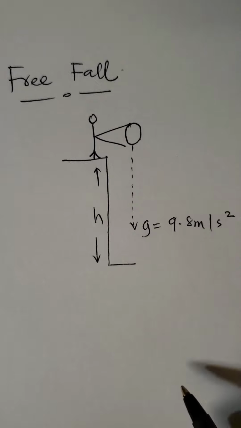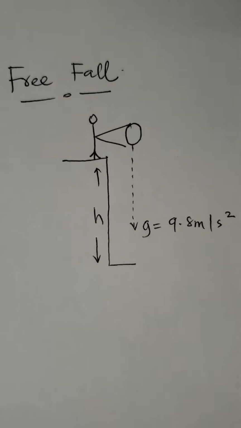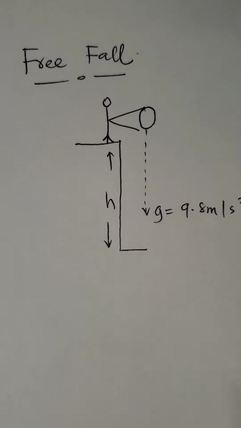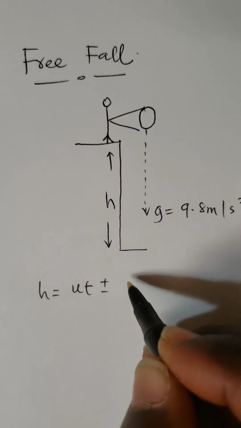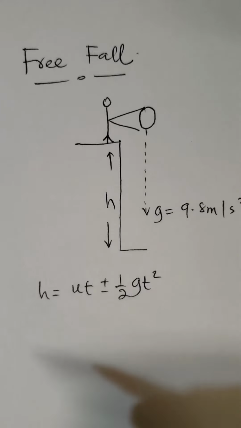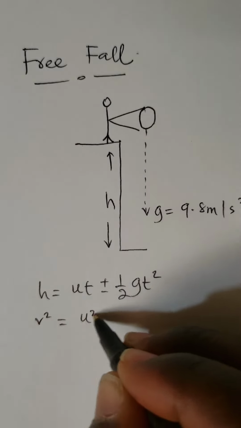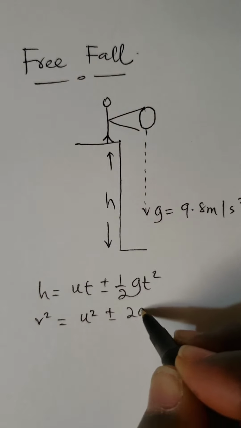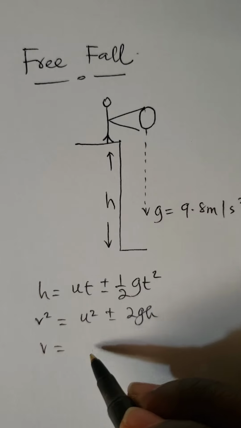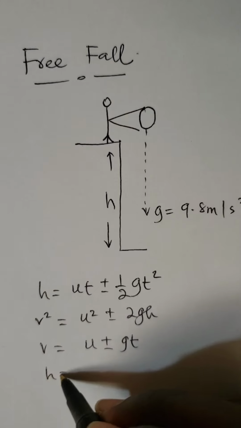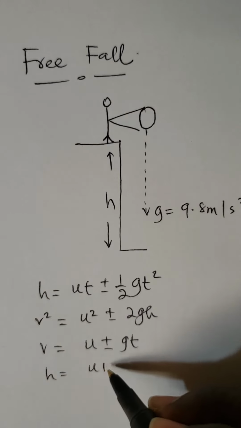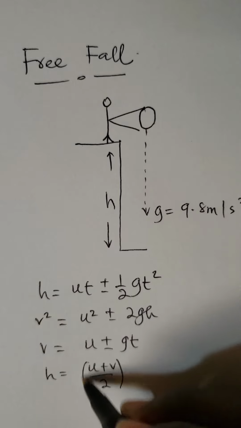Now, the motion of this moving object falling freely from a known height can be described using the familiar equations of motion, which we already know. h equals ut plus or minus half gt squared, v squared equals u squared plus or minus 2gh, v equals u plus or minus gt, and lastly h is equal to the average of the velocities times time.